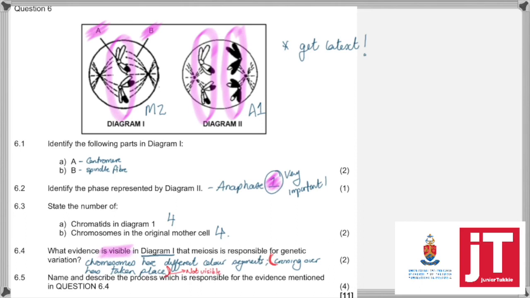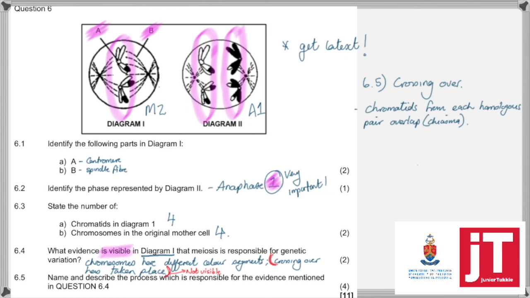If we have a look at question 6.5, name and describe the process which is responsible for the evidence mentioned in question 6.4, for 4 marks. Firstly, we need to name it: crossing over, and there's a definite mark there. Chromatids from each homologous pair overlap at what we refer to as the chiasma.